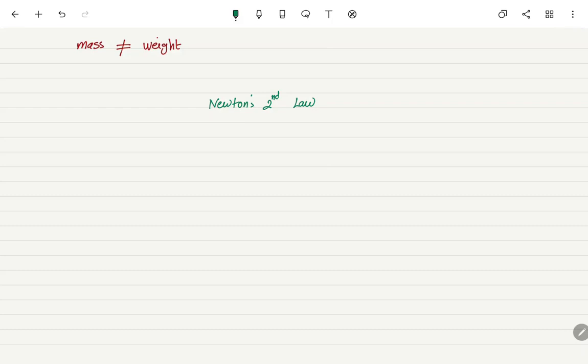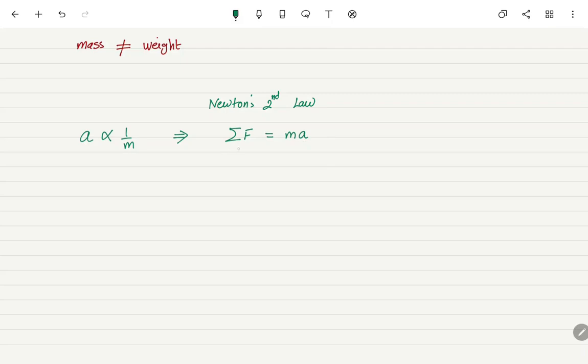In other words, the acceleration is inversely proportional to the mass. This can be summarized in Newton's second law. The net force acting on any object equals ma. Sum of all forces equals ma.